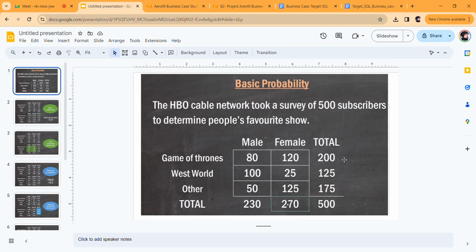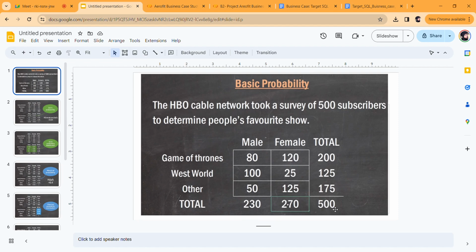On the other side, you can see 230 and 370, irrespective of which show they are interested in. I wanted to know how many males and how many females are watching our HBO cable network. You can see 230 plus 270 is a total of 500. For this side also it is 500, and for this side also it is 500.